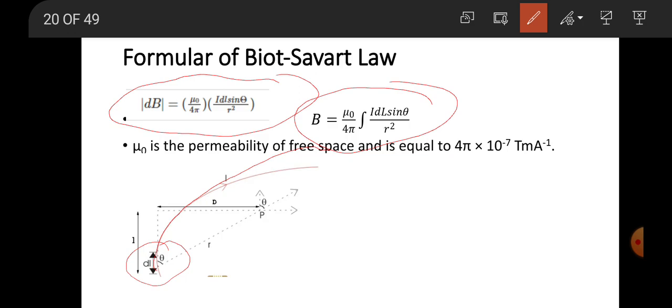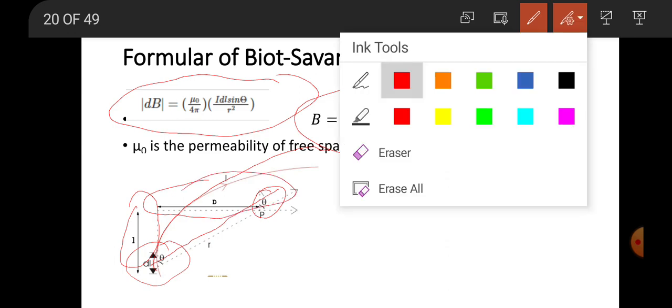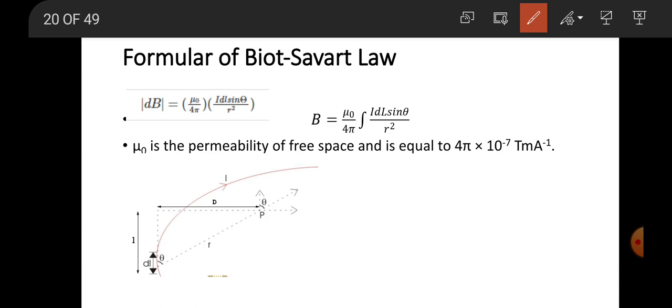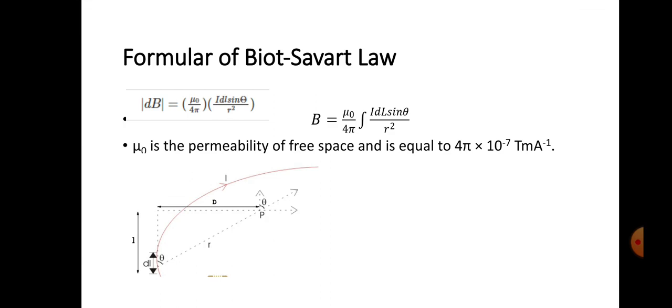If we want to find the field at point P, there's a distance from that element to point P. That's what we call R. And the dL here is a fraction of L. Then D here is the perpendicular distance. But in this video, I'm not going to bug you with all the proofs, so we'll just go straight to the point.